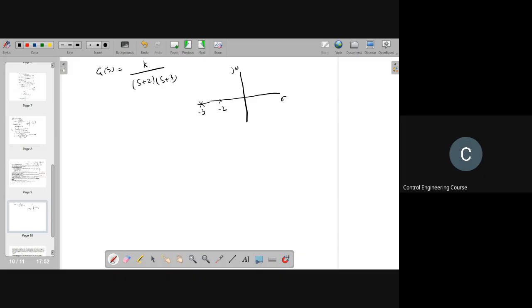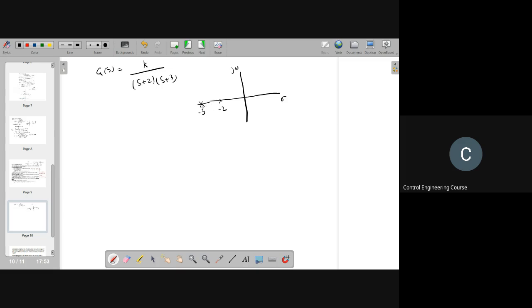Here we need to draw the open loop poles only, not the characteristic equation's.